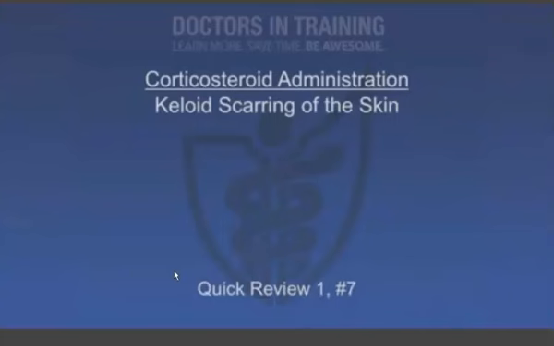Number 7, how would corticosteroids be administered for each of the following diseases? So I have this question in here just to reiterate that the way a medication is given is very important. And one particular medication can be given lots of different ways to treat lots of different diseases. Steroids in particular is one of those medications. So keloid scarring of the skin, this is where you have a lot of collagen deposition, typically in the upper chest, face, earlobes is a common location.